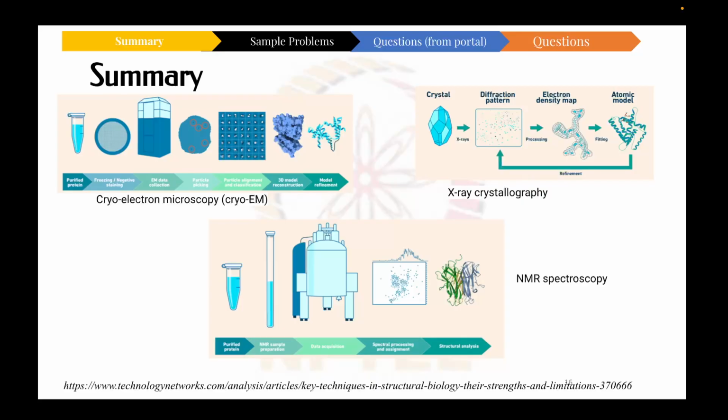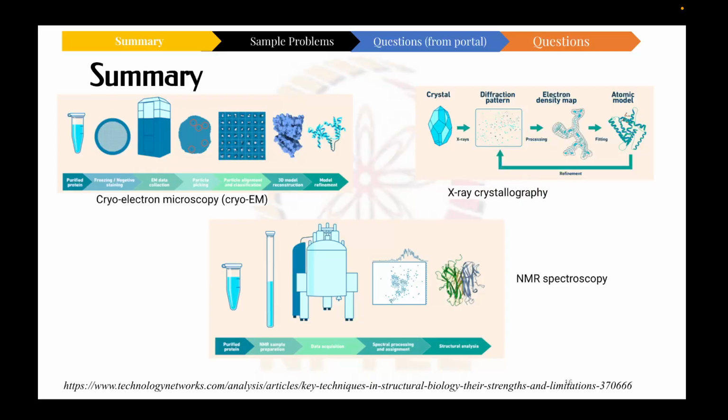NMR can be applied to proteins in their native state, allowing the study of dynamic processes such as folding and binding. However, NMR is limited by the size of the protein, as signal overlap becomes problematic for larger molecules. Additionally, the requirement of stable and soluble protein samples can pose a challenge in the application of NMR spectroscopy.